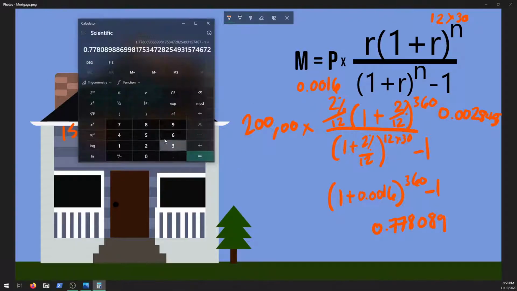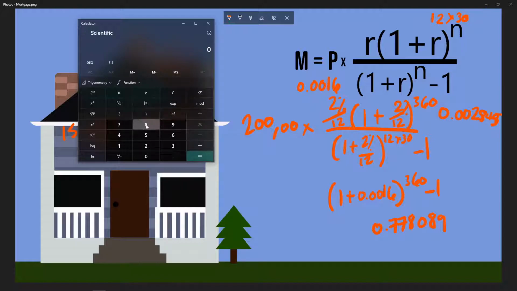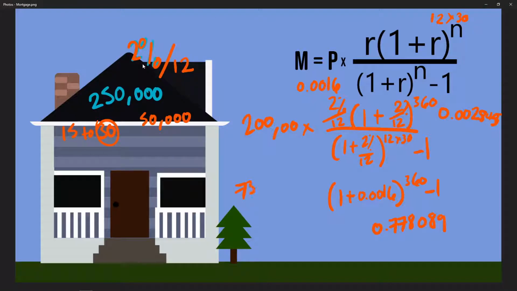And the final part of this, so let's do that: 0.002845 over 0.778089 gives us that number, and let's go ahead and multiply it by 200,000. $731 and 27 cents is your mortgage.